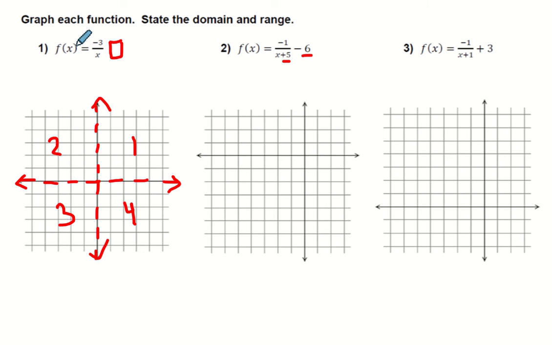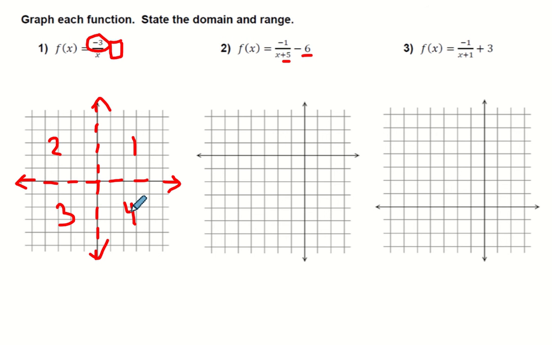The way you determine that is the top number, or the numerator. If the numerator is negative, it's going to go in 2 and 4, so the top left and the bottom right. If it's positive, it would go in 1 and 3. So in this case, because it's negative, we know it's going to be in 2 and 4. We know it's going to be in these two quadrants.